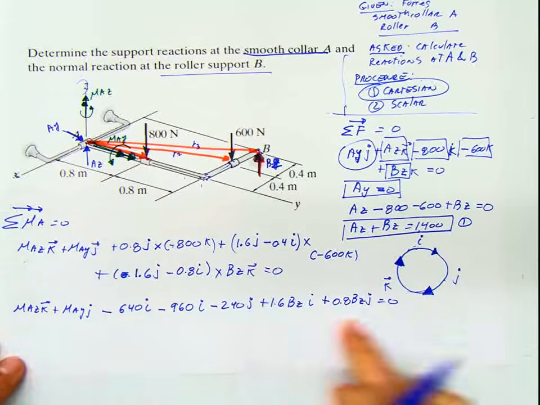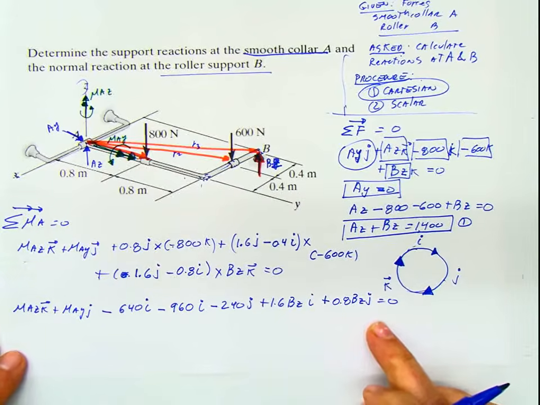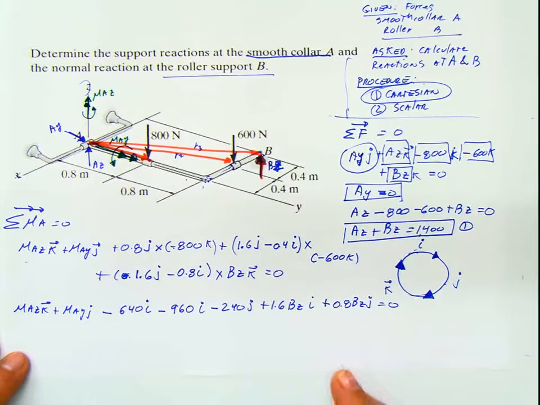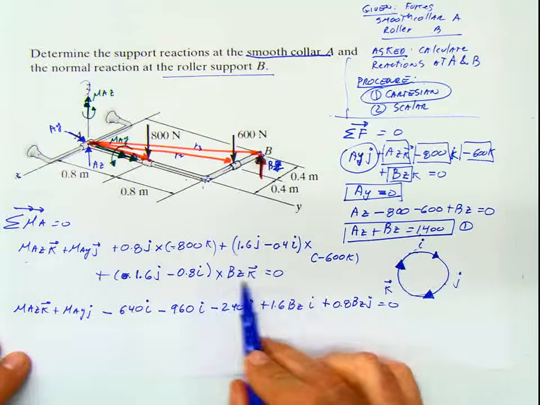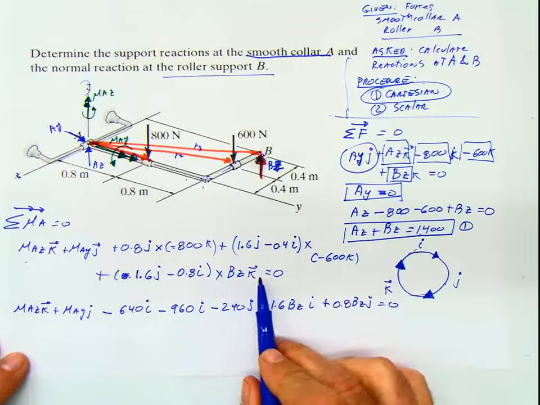And once you have your equation like that, the only thing that you have to do is decompose that into equations. You have to put that into equations, basically. This is I cross K. Yes, this is I cross K.